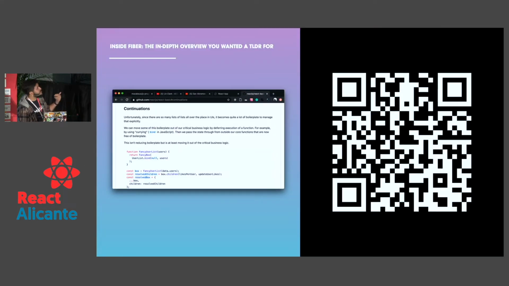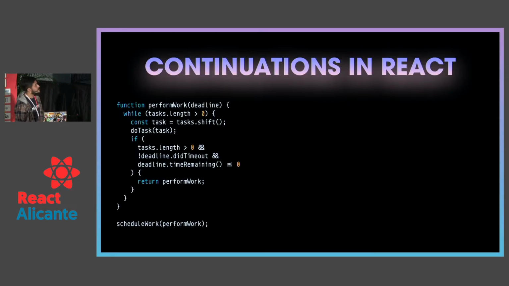And there are interesting discussions around the React ecosystem for continuations. We have some parts of the reconciliation inspired by continuations, one of them being the perform work function. It's not exactly like this in the source of React, but this is a simpler version.